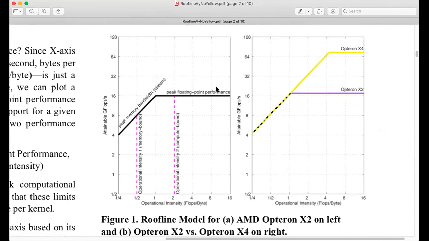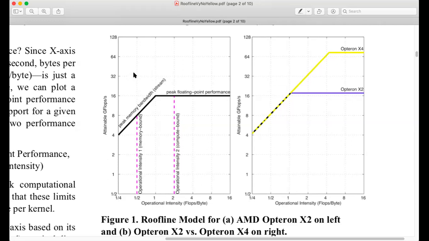If you look at graph 1A, this graph corresponds to an AMD Opteron X2 processor. It has two cores in it.